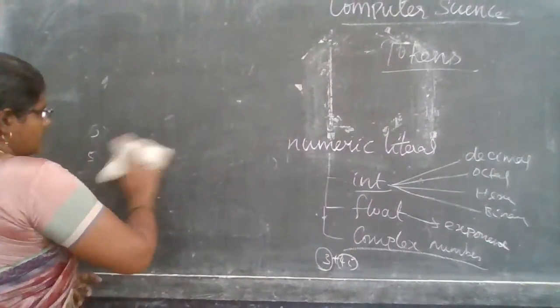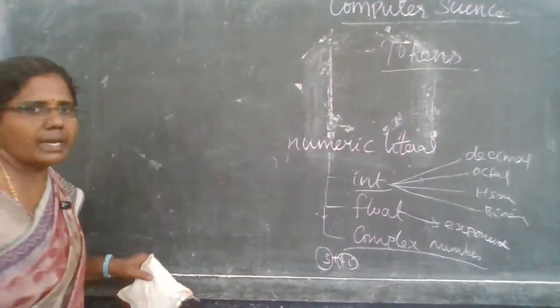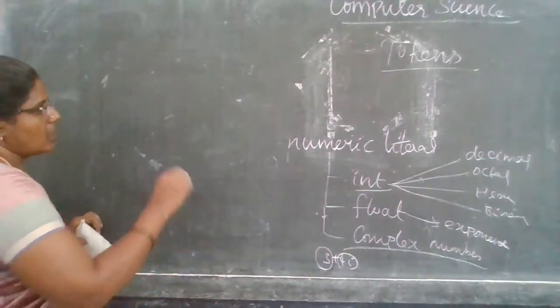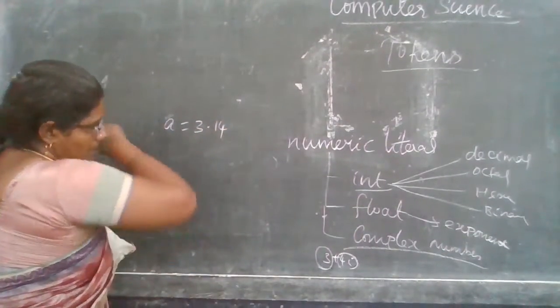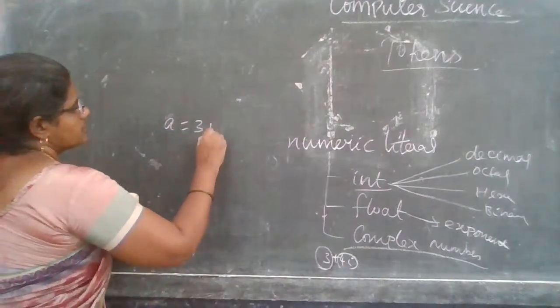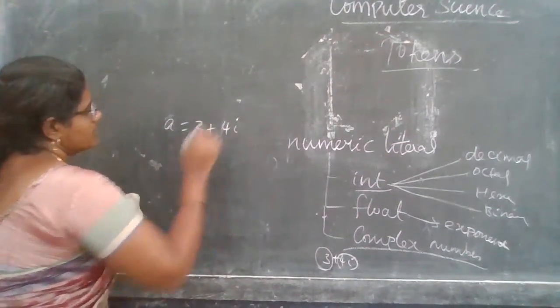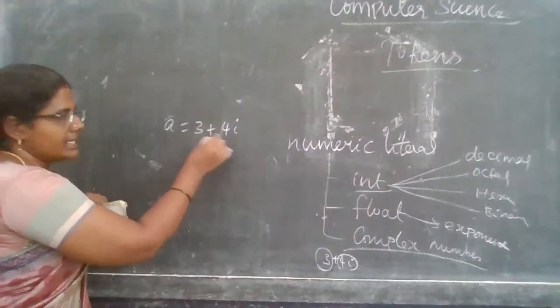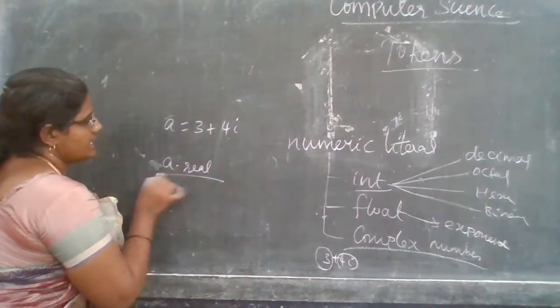Already you know the exponent representation, we studied it in C++ also. Okay. Next, complex number. A equal to 3 plus 4i. It has a real part and an imaginary part. If I use a dot real, the answer is 3.